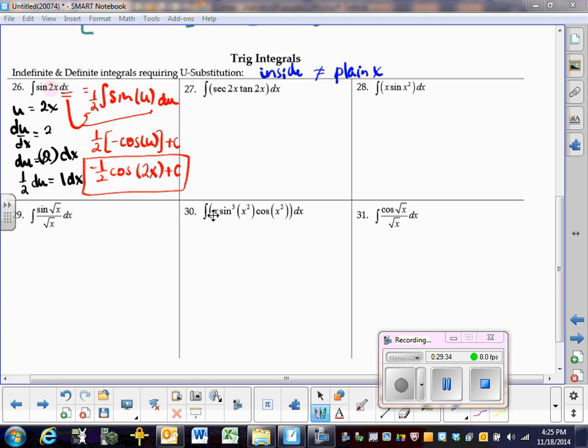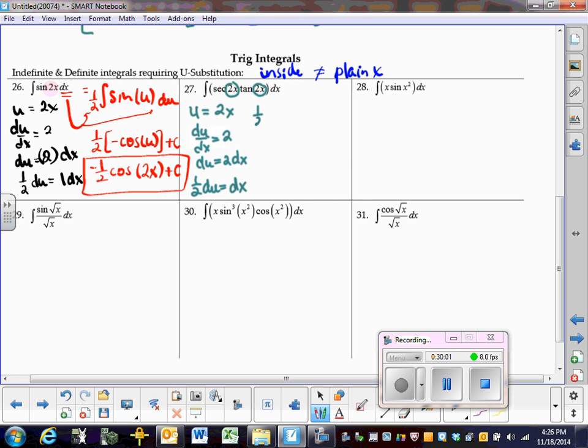Okay, now what's inside this time is that we have a 2x. Otherwise, if it weren't 2x, we have secant tangent, and we know that that goes backwards to be secant. So our u is going to be 2x again, which makes our du, just like the last problem, 2 dx, and 1/2 du.